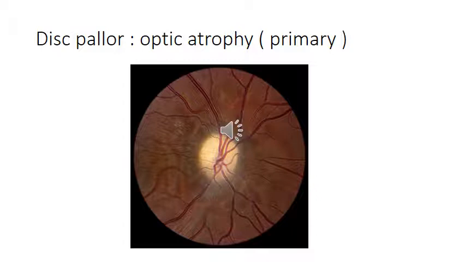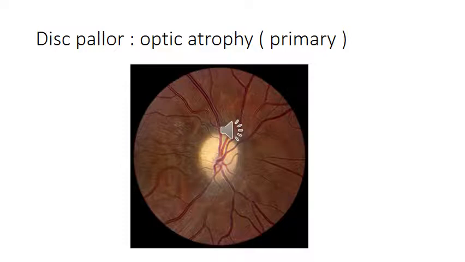Any area from the retrolaminar, we call the disc posterior to the optic cup, which is the head of the optic disc. Any portion behind the optic cup, we call the retrolaminar optic disc. So any pathology involving the area from the retrolaminar disc to the lateral geniculate body will cause primary optic atrophy.